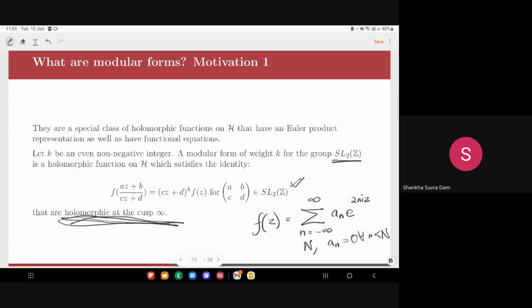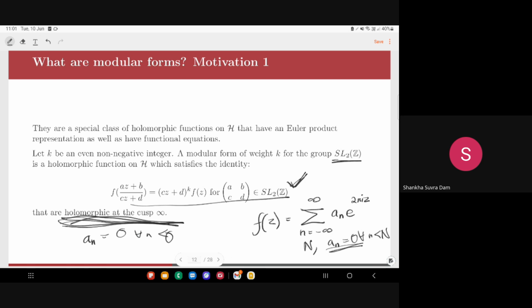Not because of the holomorphic thing. If this alone just satisfies this equation, then we have to have this property. And because we are demanding that it's holomorphic at the cusp, infinity and so on, if the holomorphic condition is considered, then an has to be 0 for all n less than 0.